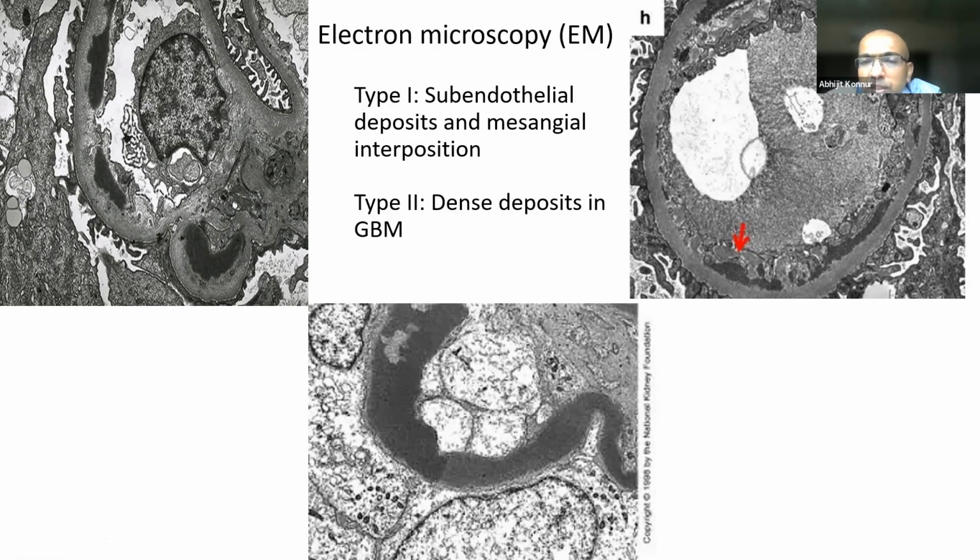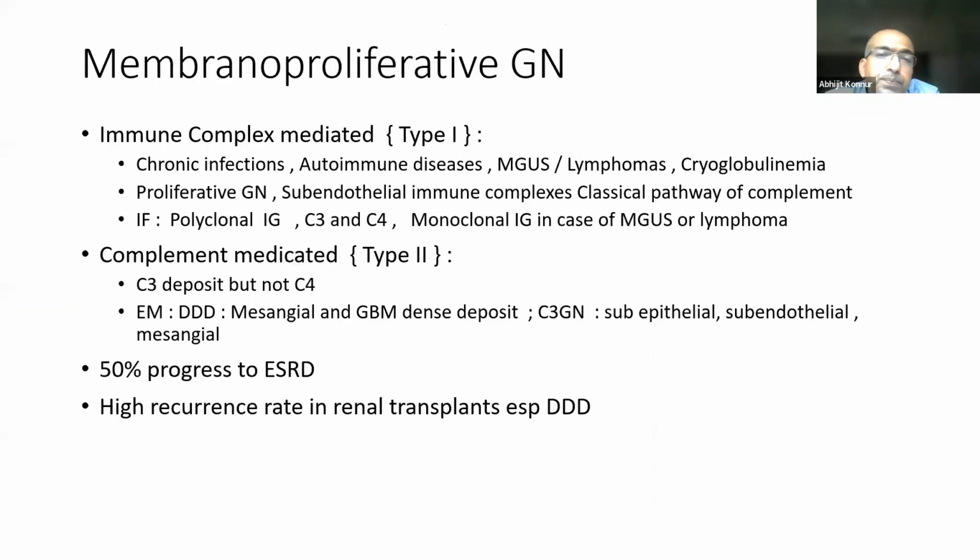The reason to send this patient's biopsy for an electron microscopy is if one has a dense deposit disease, there's a 90% probability of recurrence in a graft kidney, meaning after transplantation, the chances of graft failure are extremely high in these people. And that's one of the reasons for sending patients with membranoproliferative or C3GN for an electron microscopy.